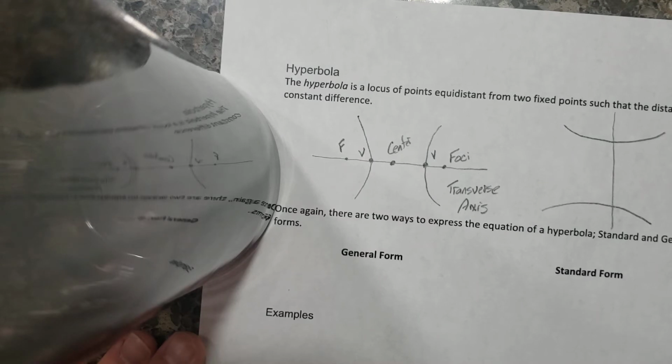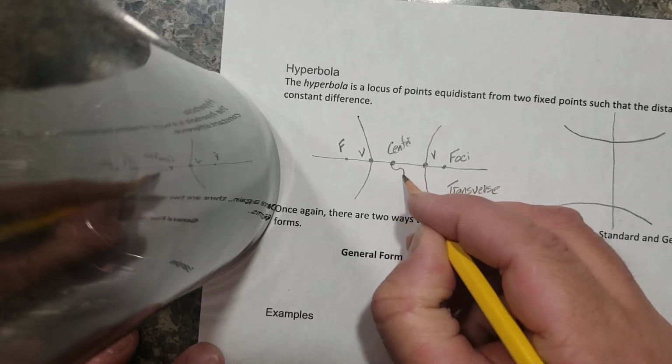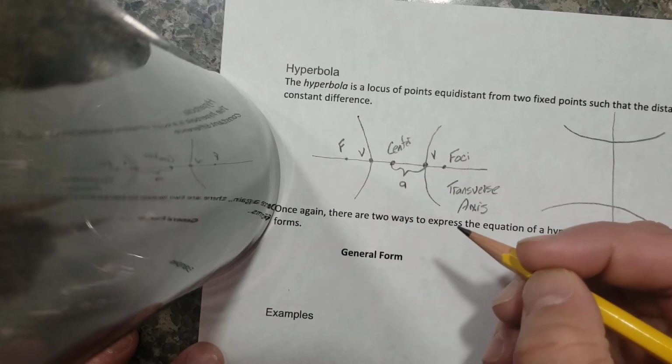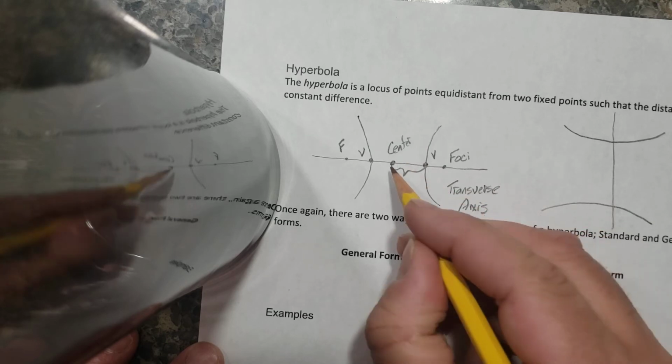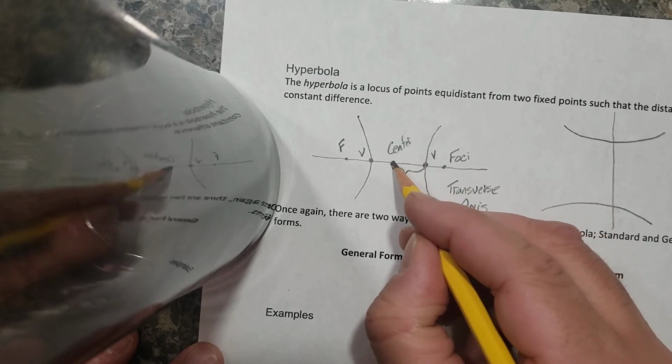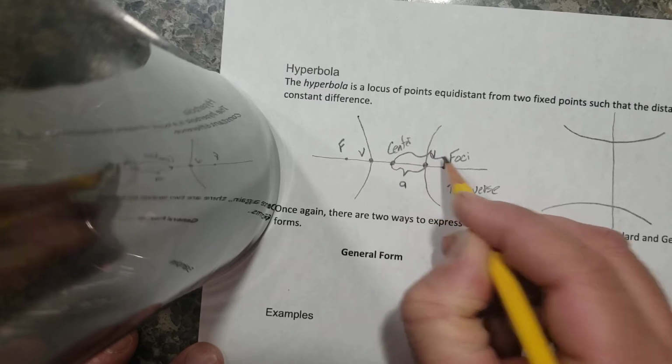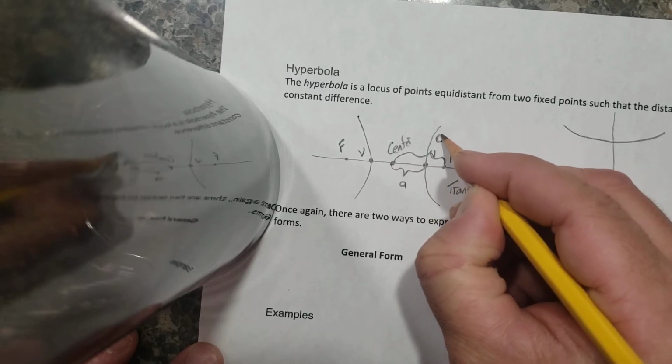Now I'm going to show you a couple things. These measurements go with what you will see in the formula for them on the equation. This distance right here is a, from center to vertex, and from center to focus is c.